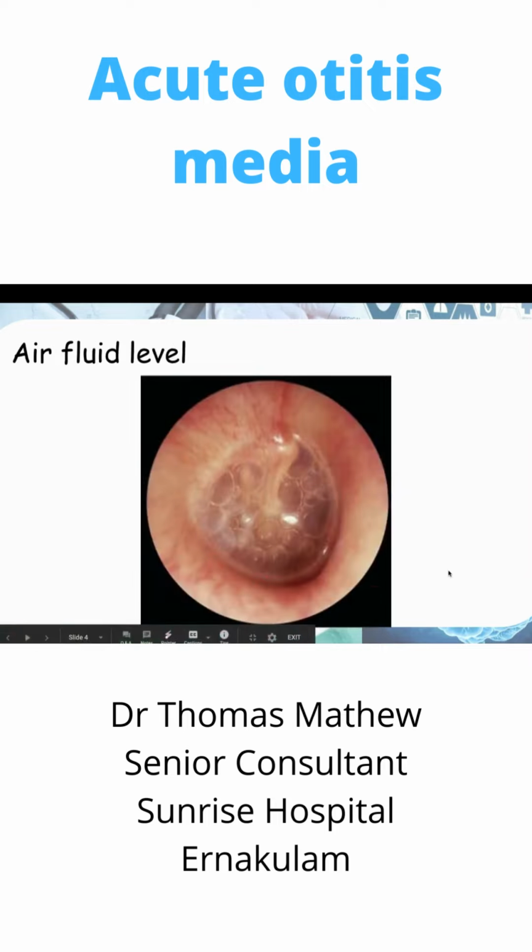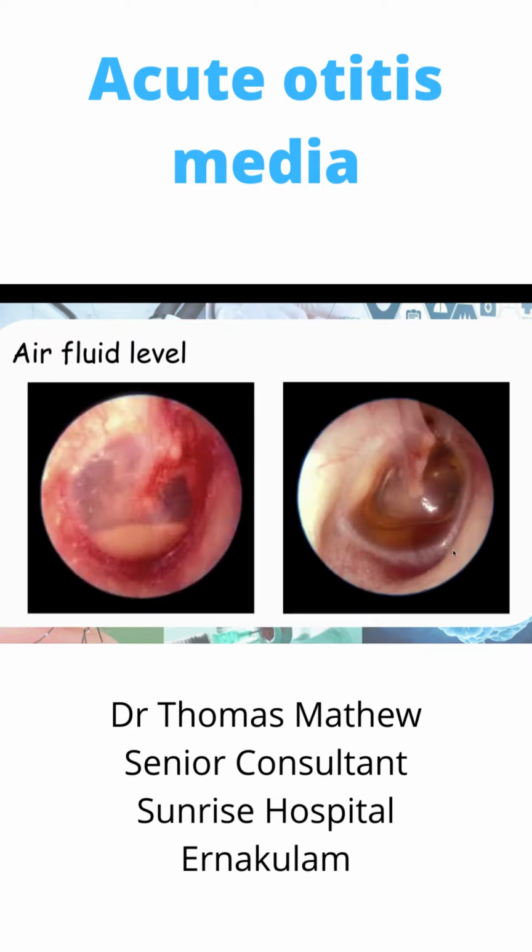Next we'll be talking about the air fluid level. Sometimes it's very obvious, like in this picture here you can see bubbles inside, so you know there's some fluid inside. And sometimes it's as obvious as this.